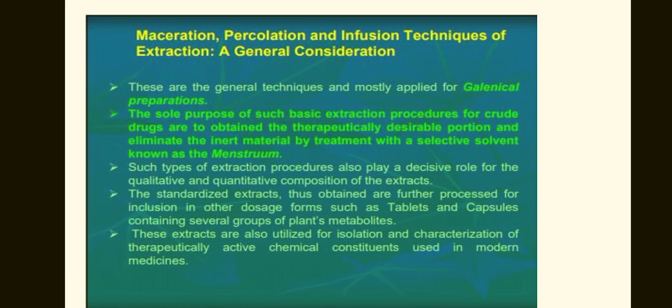The standardized extracts thus obtained are further processed for inclusion in other dosage forms such as tablets and capsules containing several groups of the plant's metabolites. These extracts are also utilized for isolation and characterization of therapeutically active chemical constituents used in modern medicines.